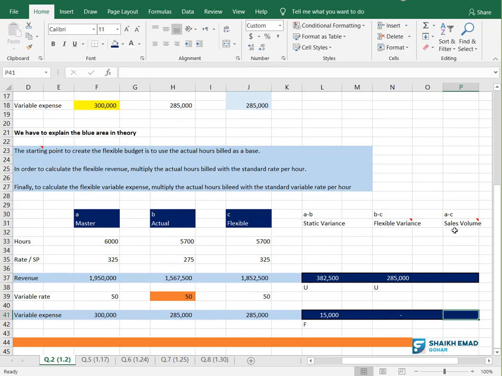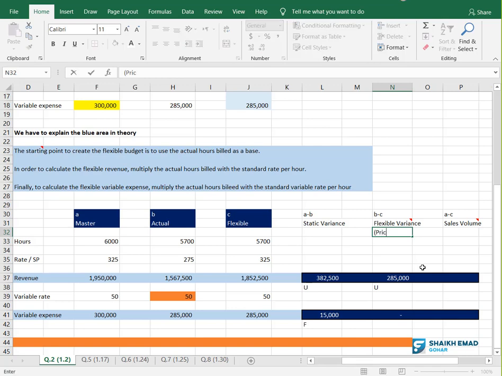Remember, the sales volume variance is the third variance we can calculate. And basically this is the difference between static and flexible. Right or not? See, I have a comment for you here. In flexible variance, what are we trying to say? This 285,000 is relating to volume or price? Remember, I told you flexible variance is a price variance.